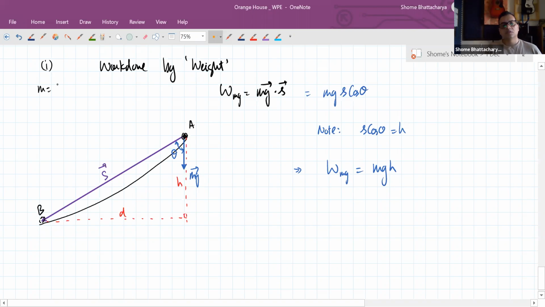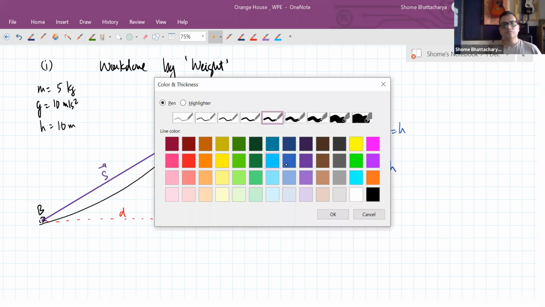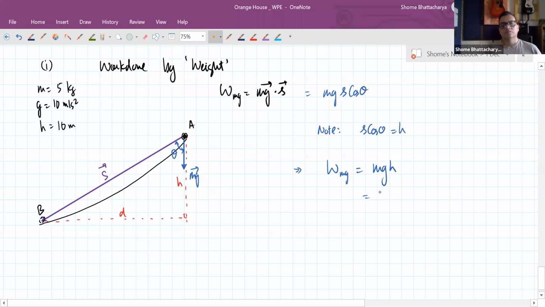Now it was given to us that m was 5 kg, g is 10 meters per second square, and this height was, I think, 10 meters, if I'm not mistaken. So this will become plus 500 joules.